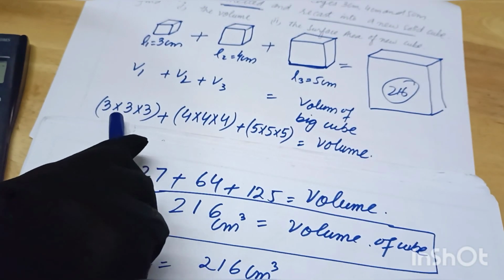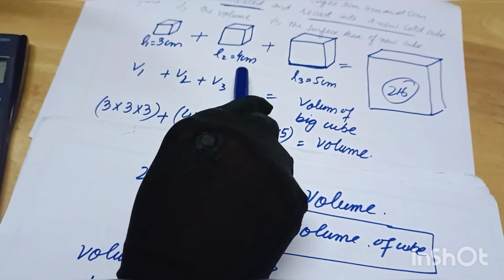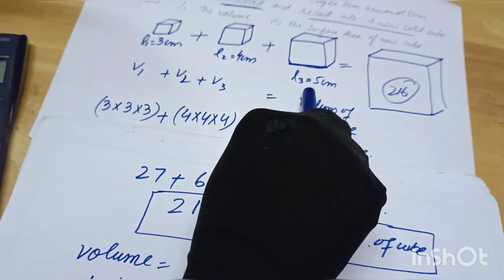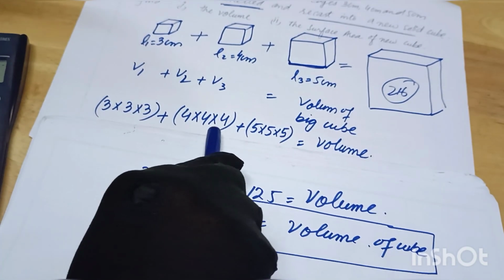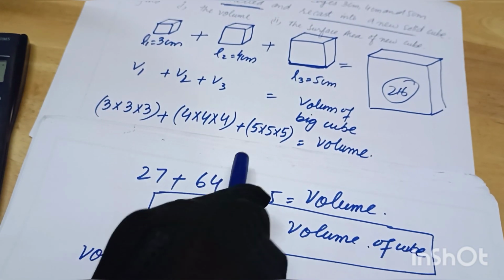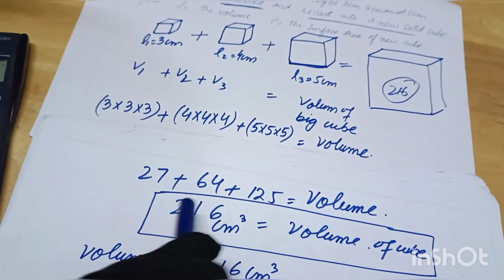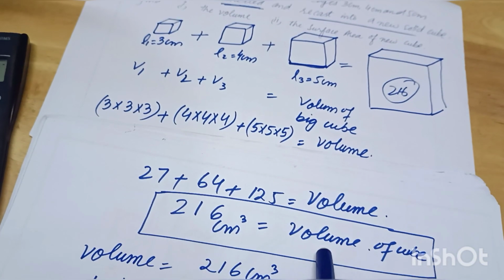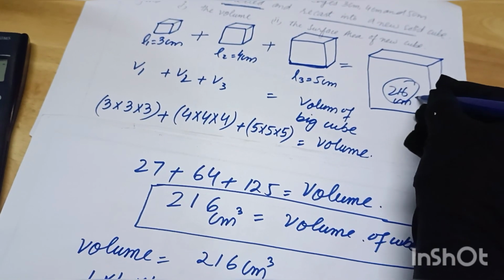We find the volume of the first with 3 centimeter, the volume of the second with 4, and the volume of the third, 5 multiplied by 5 multiplied by 5. So 3 times 3 times 3 is 27, 4 times 4 times 4 gives 64, 5 times 5 times 5 gives 125, adding all this gives 216. That is the volume of this big cube, in cubic centimeter.